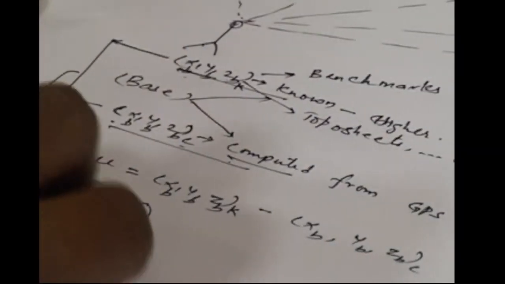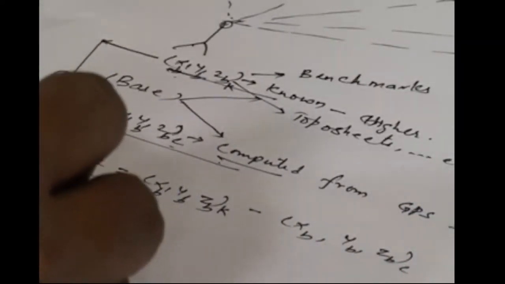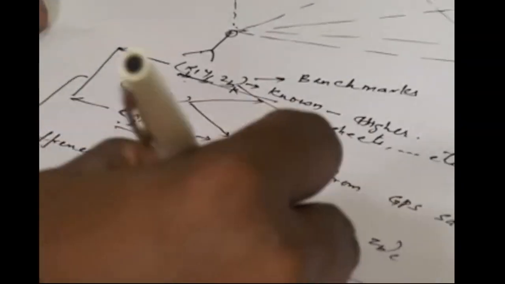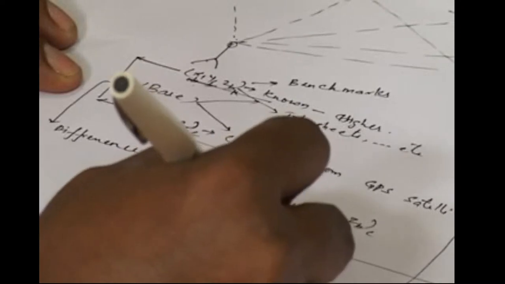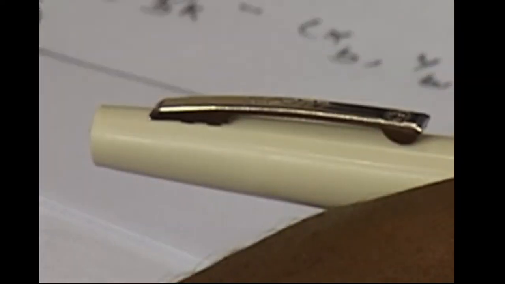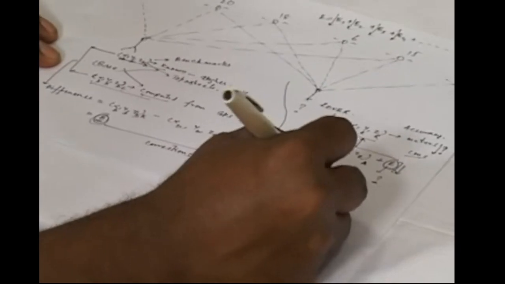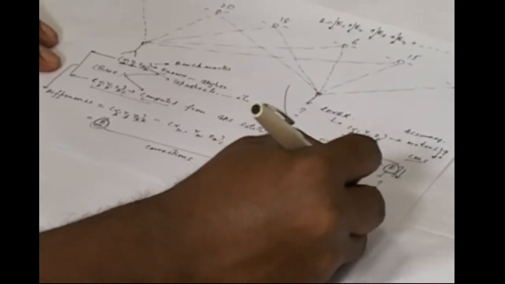Now I know how much the error is from the base, and if I apply this correction, this error I can call the correction also, right? So this error or correction will be applied at the rover. Once you apply it, from this computed position you get the XR, YR and ZR which are accurate to a few centimeters.